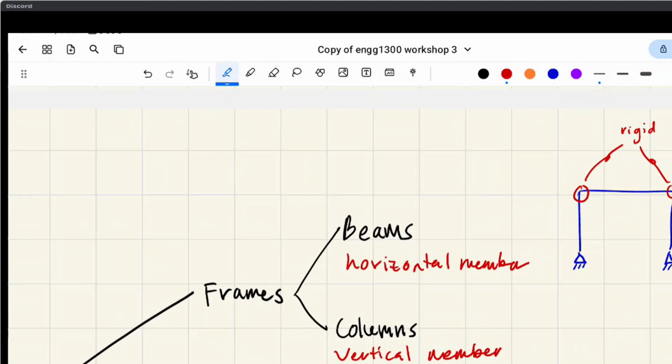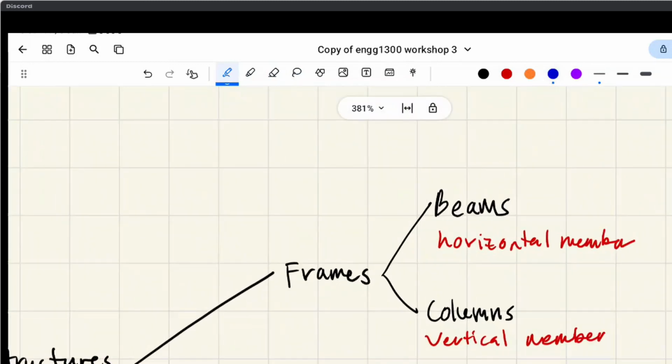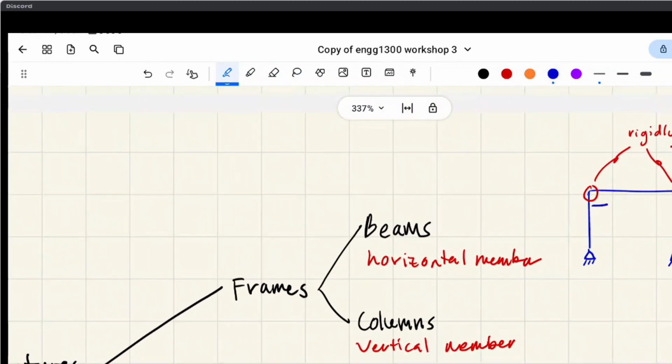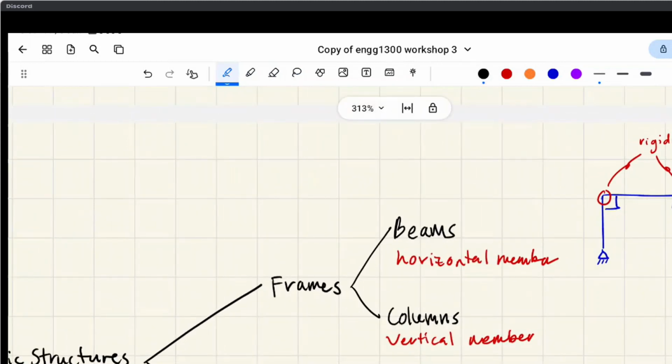Rigidly connected just means that if these two members, the beam and column, are at 90 degrees from each other, they're going to stay at 90 degrees as this whole structure deflects and as we add loading to it. Just to be clear, this is the beam, the horizontal member, and these are columns, right?